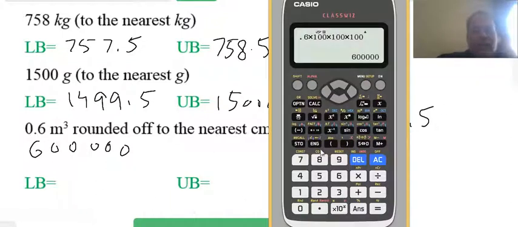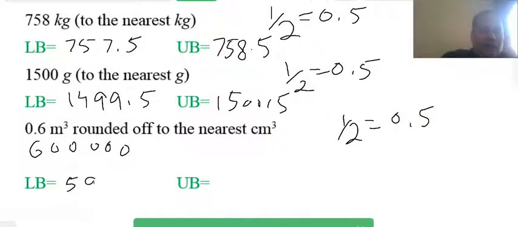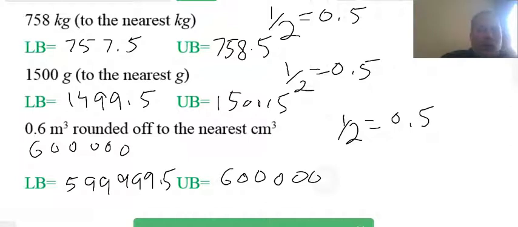Minus 0.5, it is 599,999.5. This is the lower bound, and if we add it to this number, it will become the upper bound, 600,000.5.